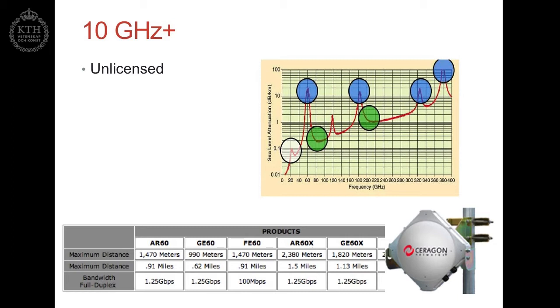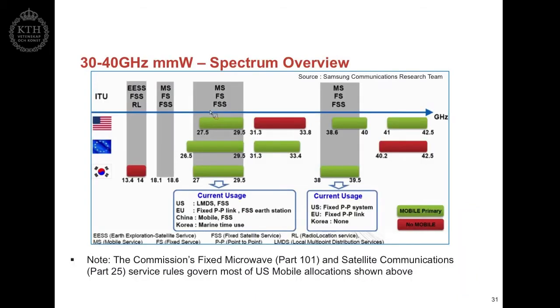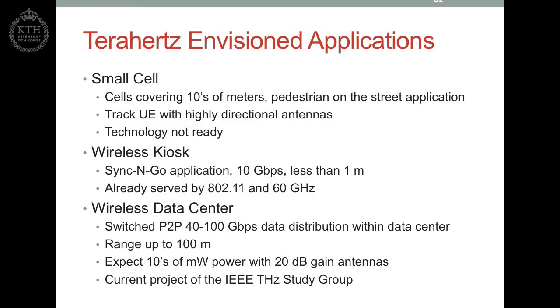You see these blue ones where water molecules in the air intercept radio waves, and so they attenuate the radio propagation. So people are starting to look at higher frequencies, but they're really going to be only for short distances, a few 100 meters, 100 meter, 200 meter type distances.